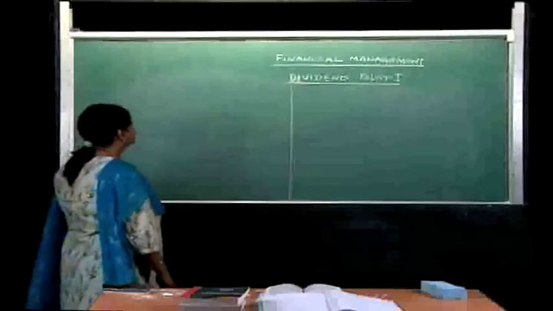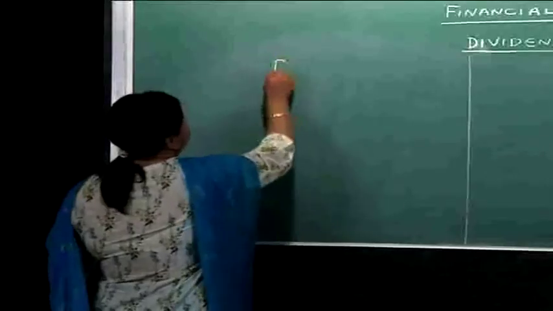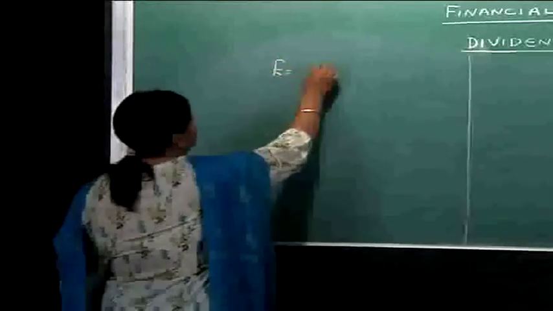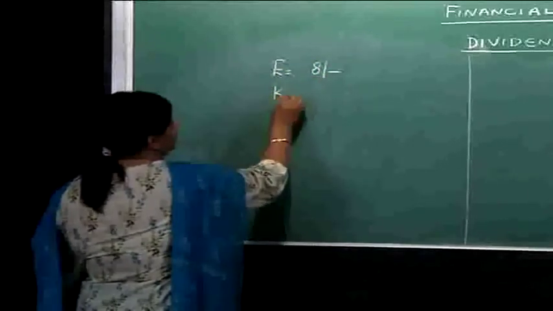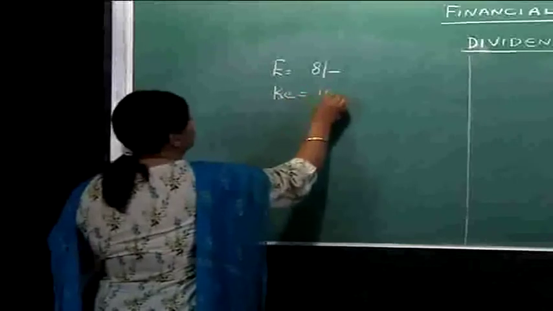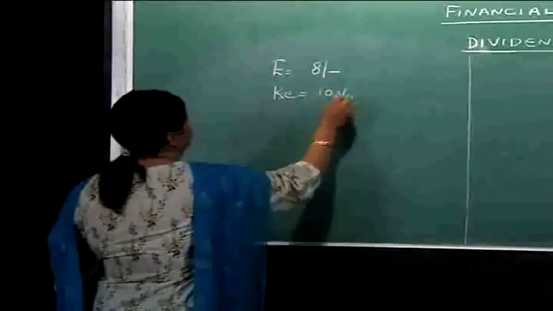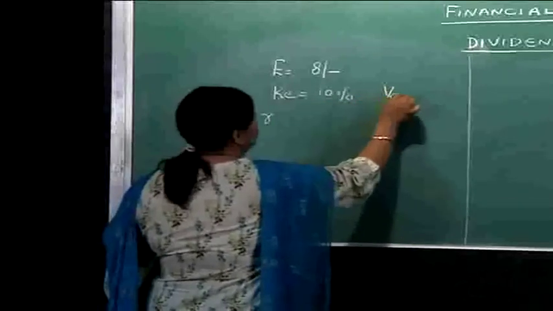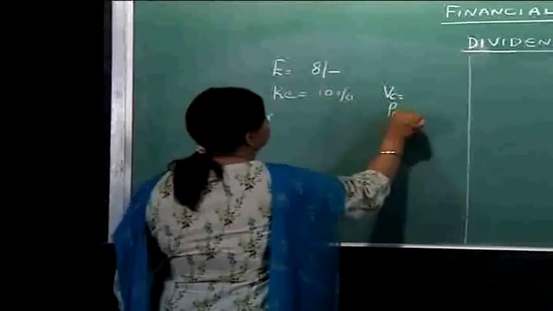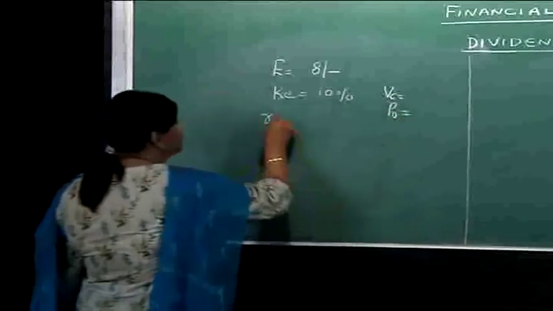Under different scenarios we need to find out the VC, or we can say P0, that is the price of the shares.